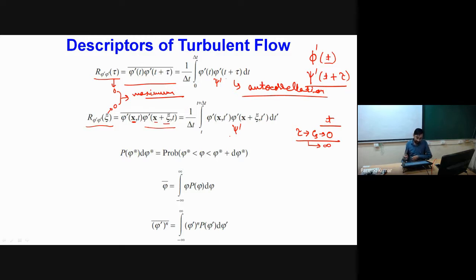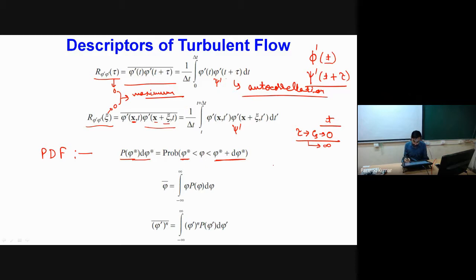Another important parameter we have is the probability density function. We call this PDF. The probability density function P phi star d phi star is defined as the probability of phi being between the values phi star and phi star plus d phi star. This defines in what range a parameter is actually confined.